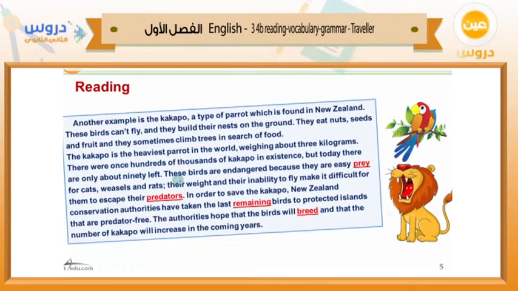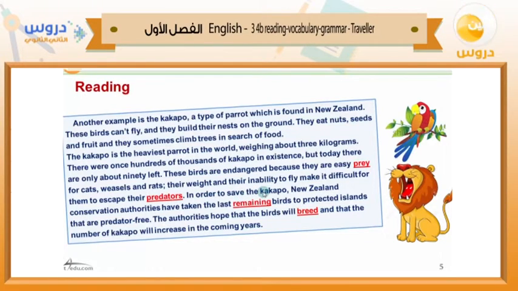These birds are endangered because they are easy prey for cats, weasels, and rats. Their weight and their inability to fly make it difficult for them to escape their predators.